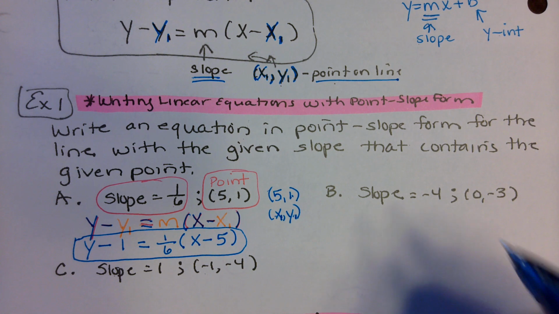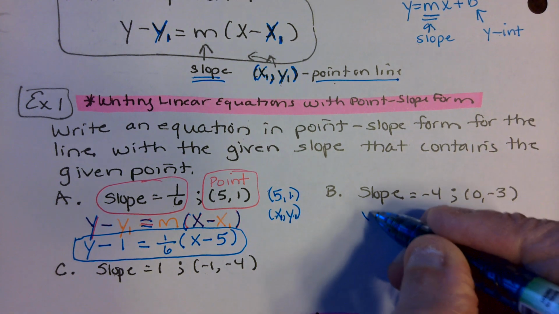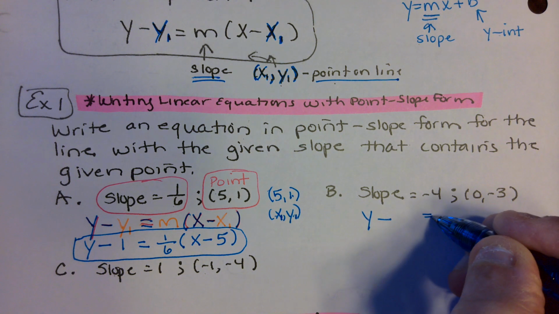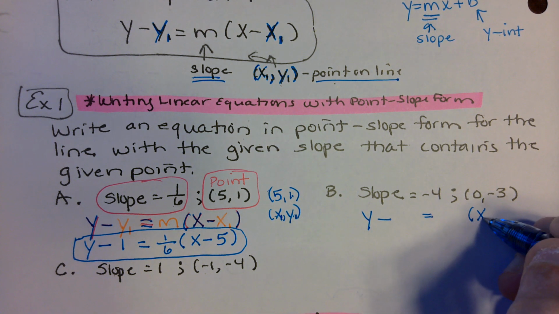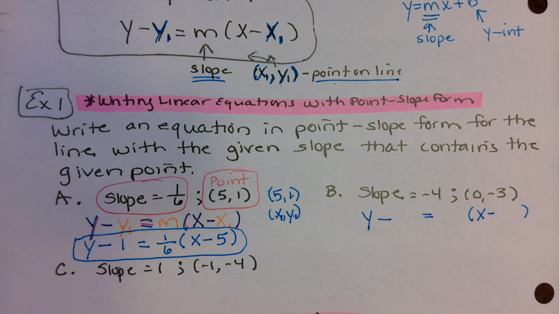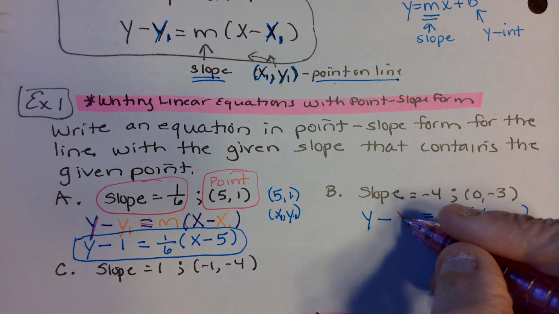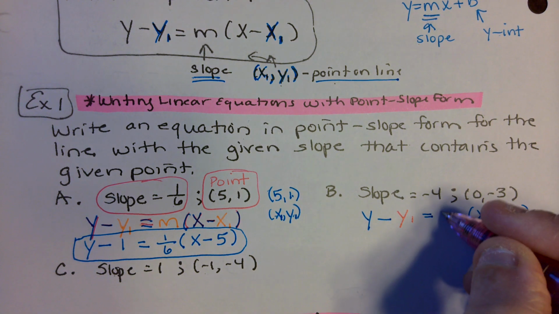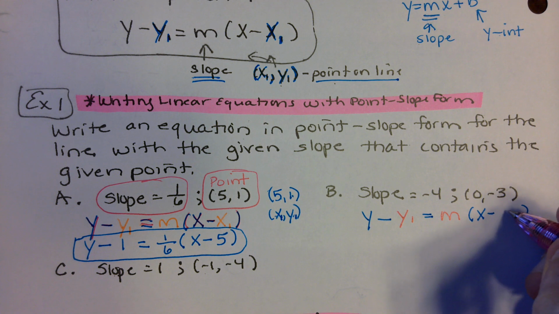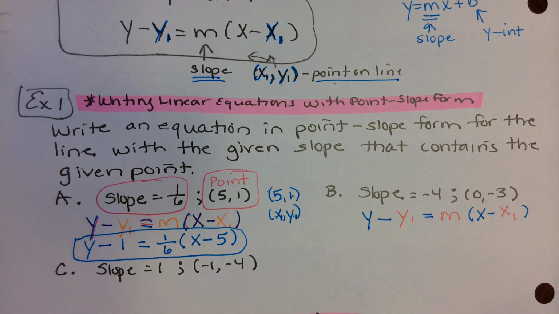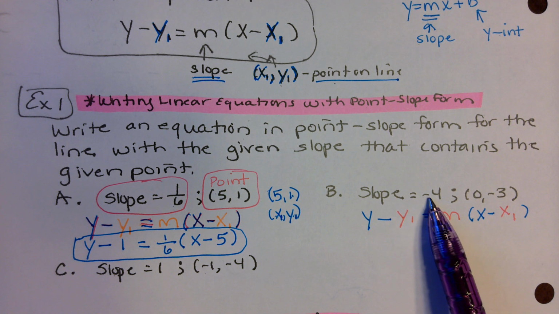So again, let's do this. y minus equals parenthesis. I'm just putting the things that stay so that it's a little different here. y minus y1 equals m times x minus x1. Okay, so you're substituting in there. You're going to put something in place of the m. What are you putting in place of the m? The slope.